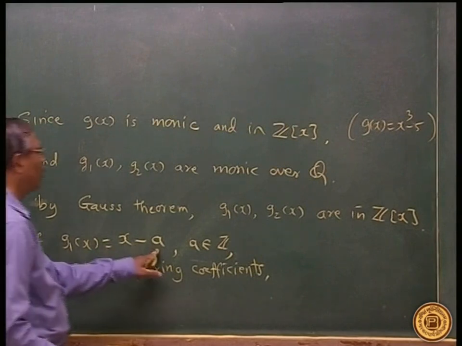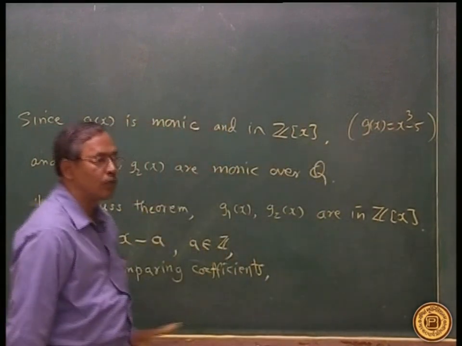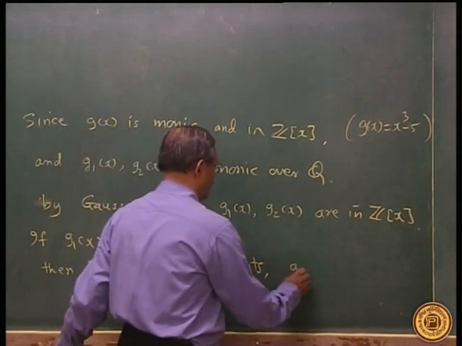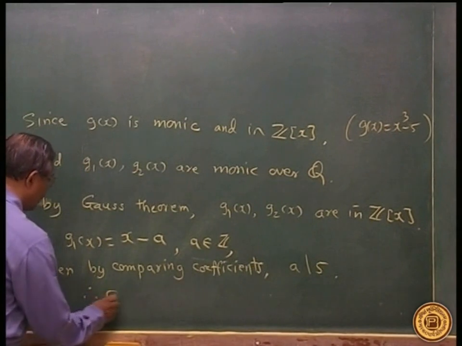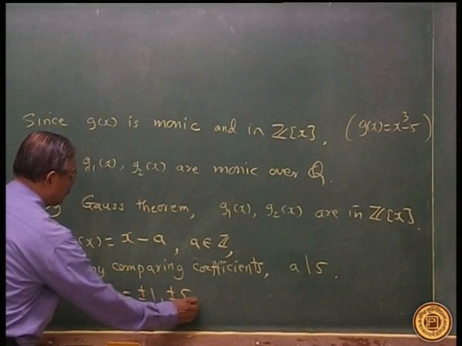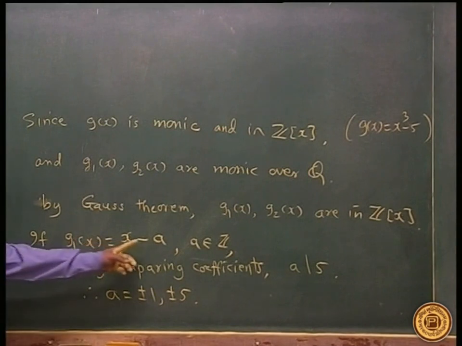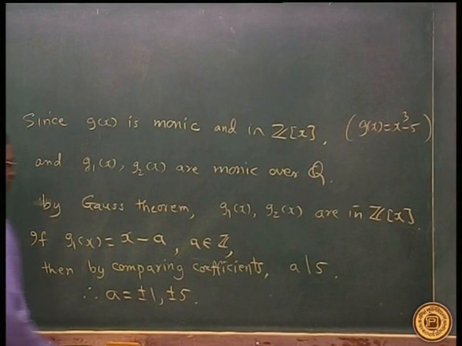So this a into something is equal to 5. Okay, so a divides 5. Therefore, what is a? a is an integer, so it is plus minus 1, plus minus 5. Here a is a root of G1(x), therefore a is a root of G(x).